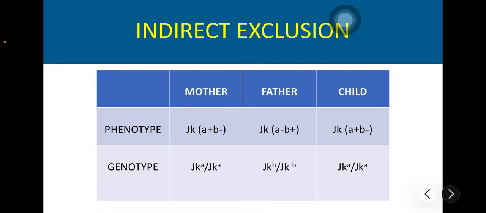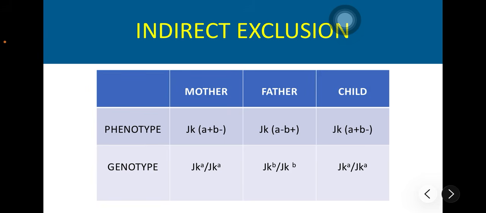On the other hand, in indirect exclusion, the child lacks the genetic marker that the father should have transmitted to all of his offspring. Because an indirect exclusion can be caused by a silent gene, it is not used as the only marker to exclude paternity.